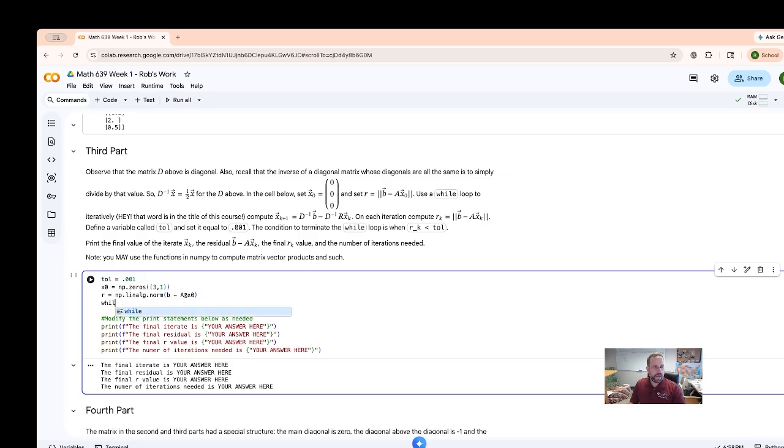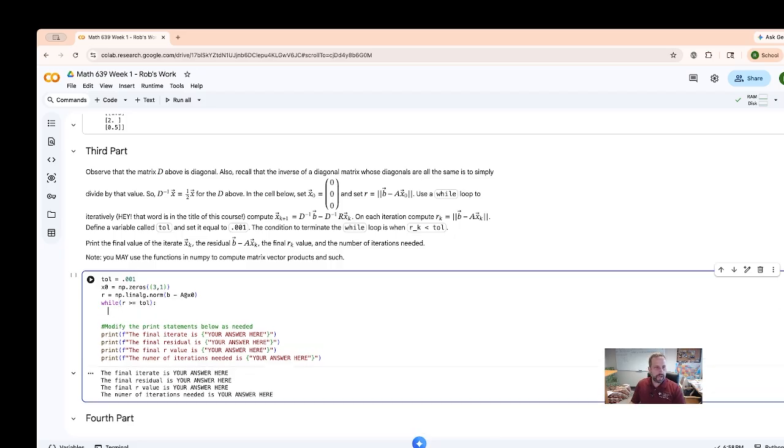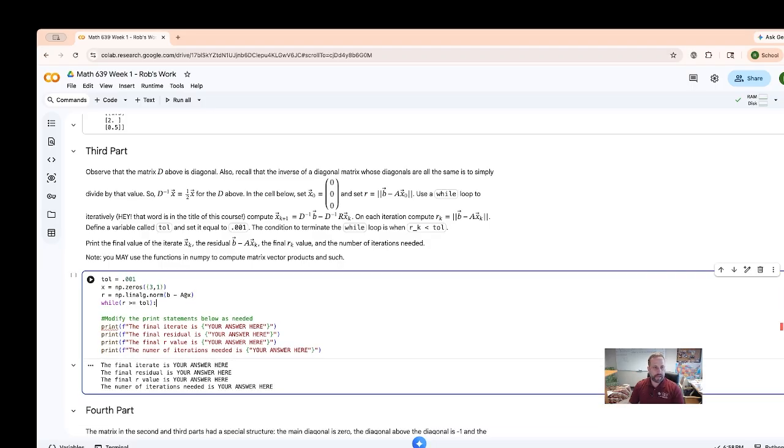Okay, so while r is greater than the tolerance, well, I really should do it like this: while r is greater than or equal to tolerance, here's what I'm going to do. Instead of calling this x naught, I'm going to call it x, and you'll see why in just a minute. Conceptually, we think about it as being x naught.